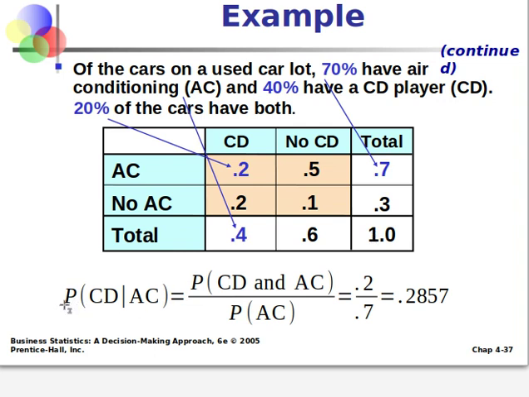So the probability that a car has a CD given that it has an air conditioning is equal to P, which is 0.2 over 0.7, which if we divide 0.2 over 0.7 gives us 0.2857.